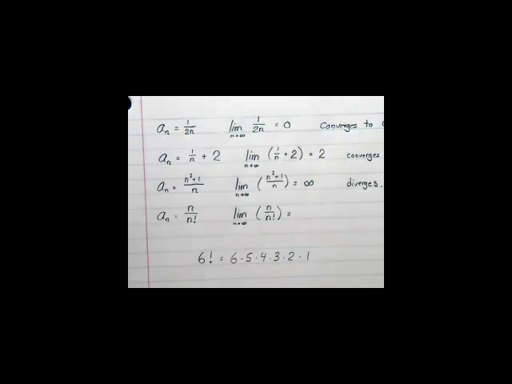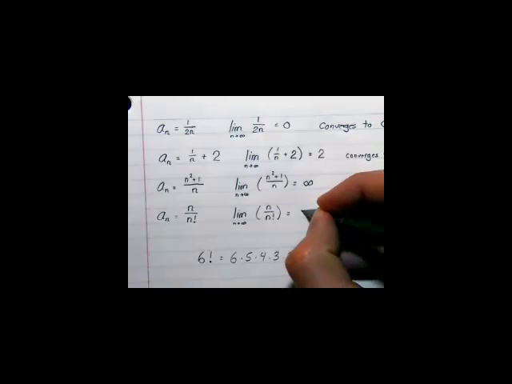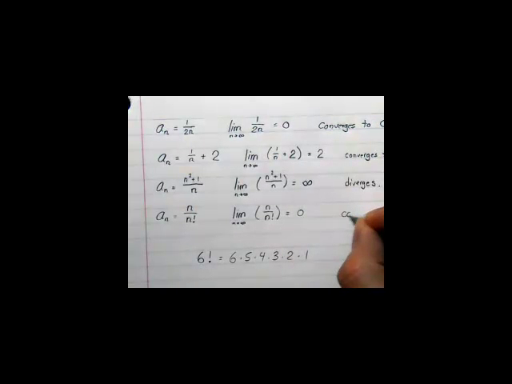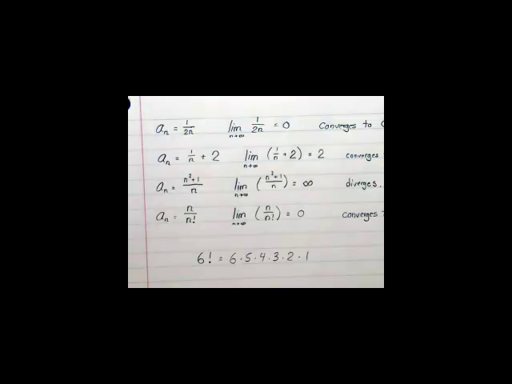Converges to 0. Yeah, exactly. So they're going to throw a few of those at you. Okay, those little factorials. Just know this, they're super huge. Okay, when you start multiplying every number up to that number underneath it, they get really big really fast. So yeah, that converges to 0.